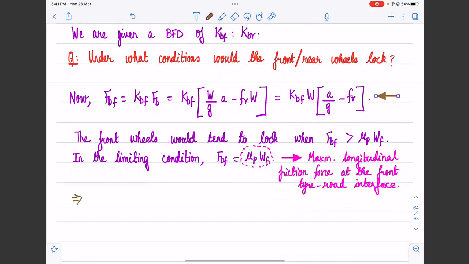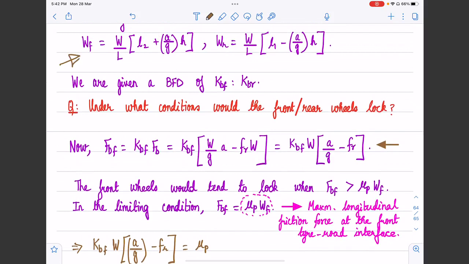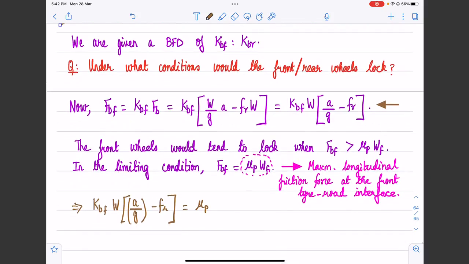FBF is going to be equal to KBF W times A by G minus FR, and that's going to be equal to mu P times WF. What is WF? WF we have here.